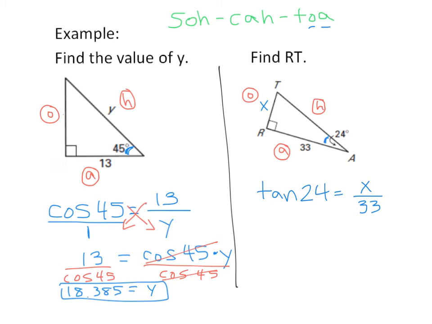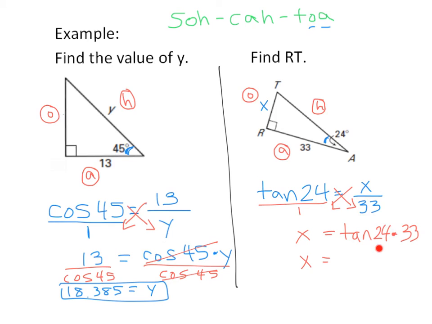Again, I'm going to change this into a fraction by putting that over 1, and I'm going to cross multiply. x times 1 is x. And if I multiply it this way, tangent of 24 times 33, again, that's a times sign there. Now this is another place that your calculator may run into issues.